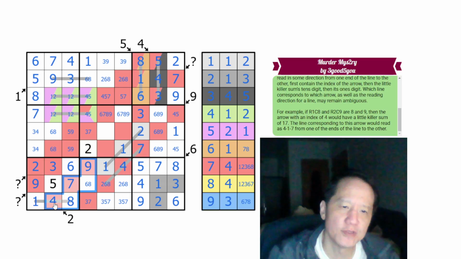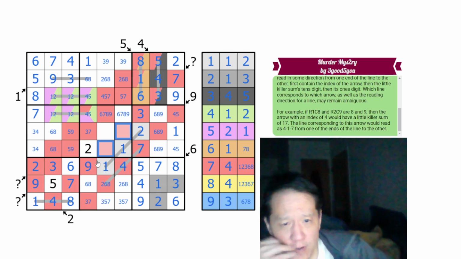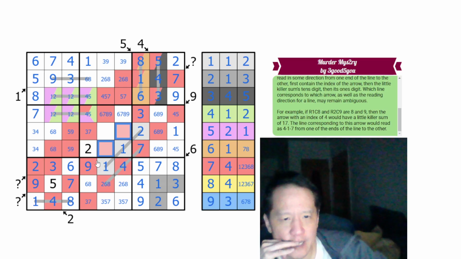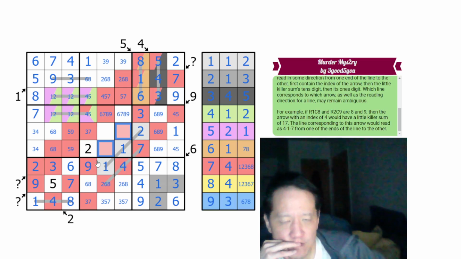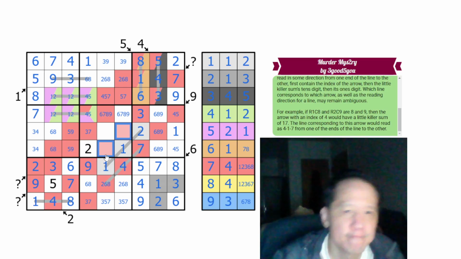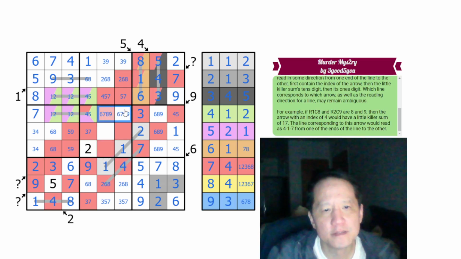This is 33. So either this adds up to 8, it could add up to 9, it could add up to 12. There's a wide variety. These can't be 7.